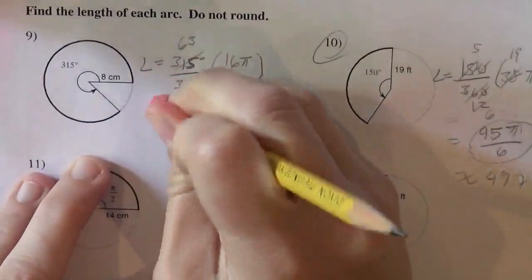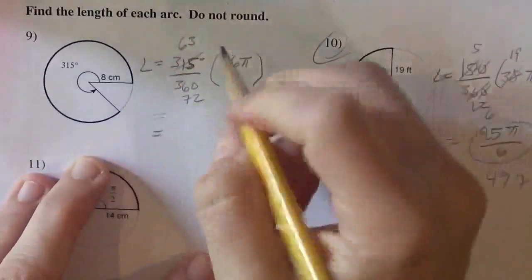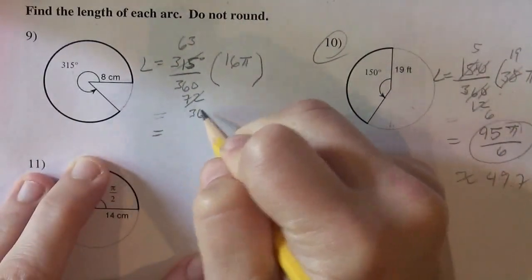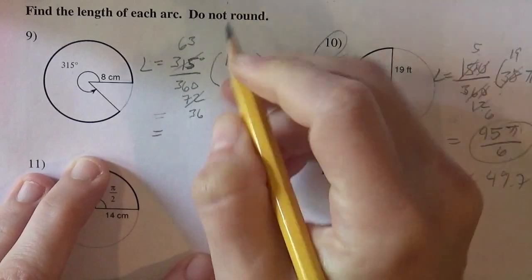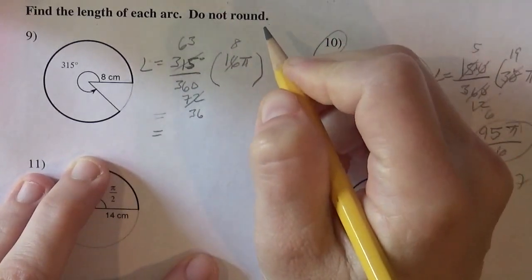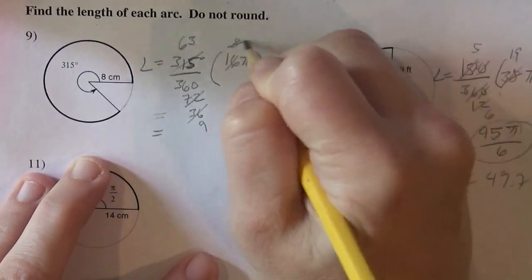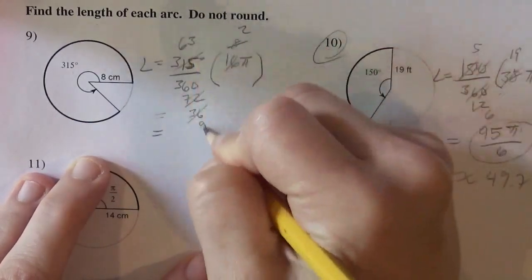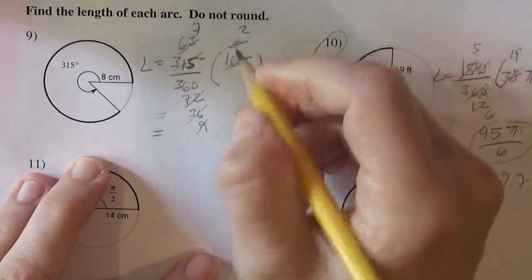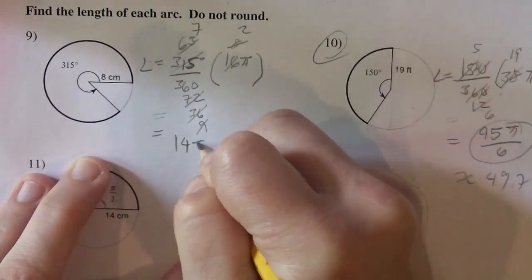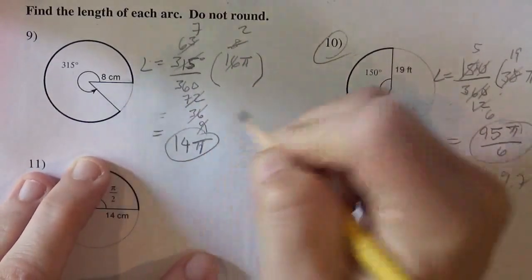I can divide that by 2, I'll get 36. Divide that by 2, I'll get 18. Divide by 4, I get 9. Divide by 4, I get 2. Divide by 9, I'll get 7. So that's 14 pi. That came out all nice and perfect.